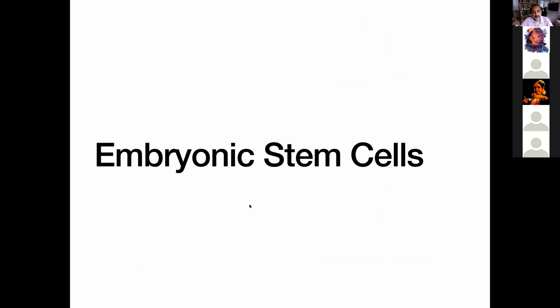Great. So let's go on then to embryonic stem cells. Of course, embryonic stem cells are a classic stem cell. They are characterized by being able to give rise to every single part of the embryo. And what I want to do for the rest of this lecture is to talk about ways of thinking about their pluripotency.